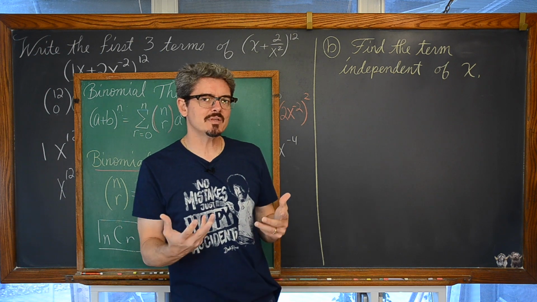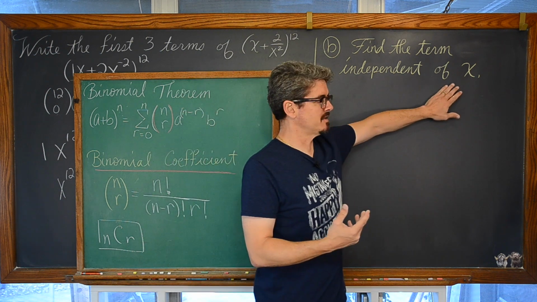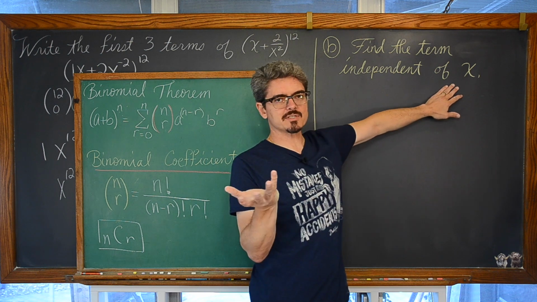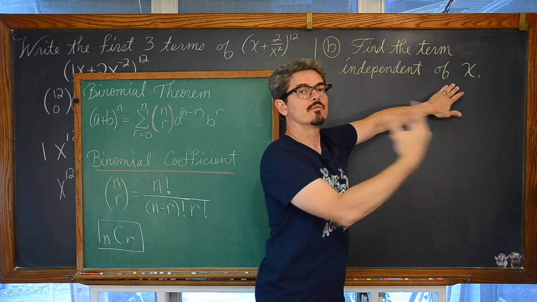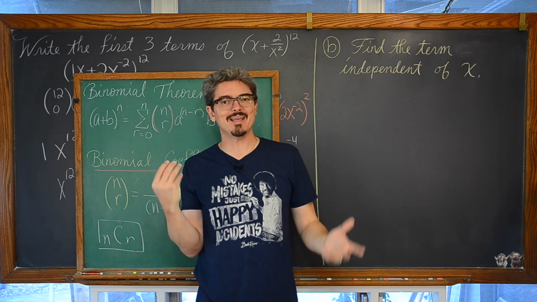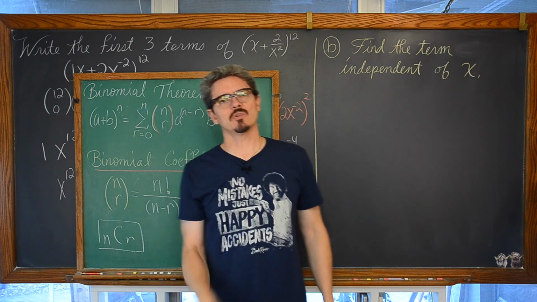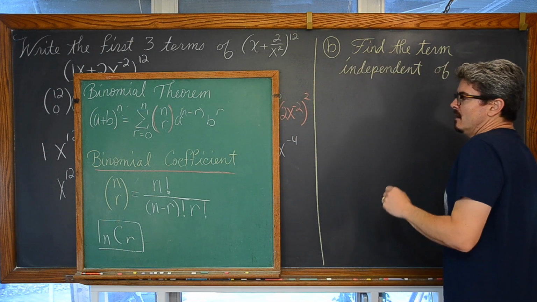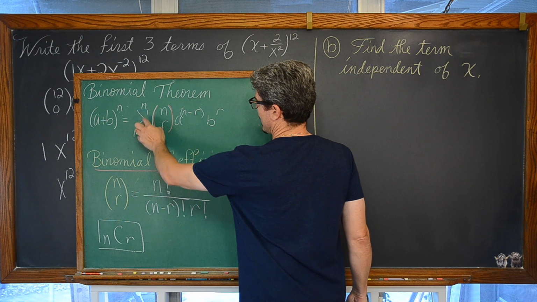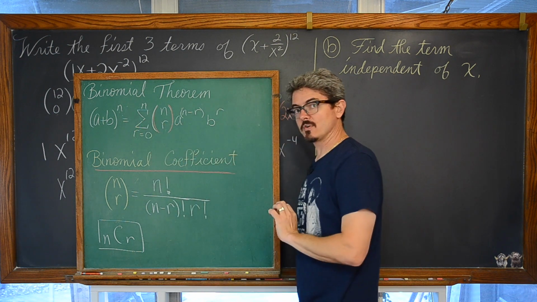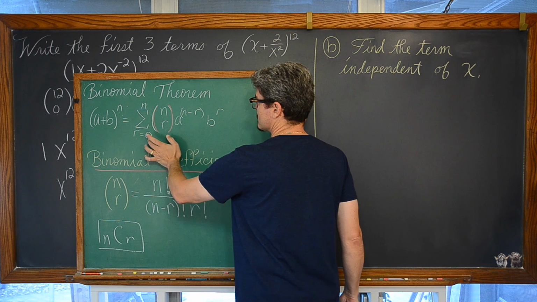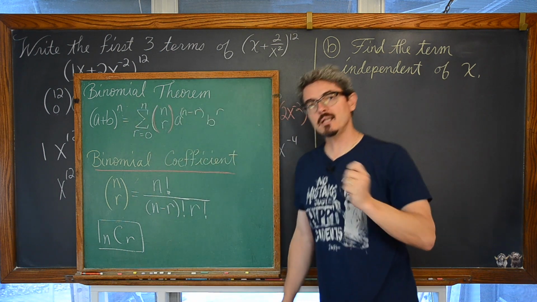Well, a term that is not going to be affected regardless of what you plug in for that independent variable x is not going to change, so that means that term has to be a constant. That term cannot have a variable of x. Okay, so with our binomial theorem, we have the sum of a bunch of terms that we can create by first letting r equal 0, then 1, 2, 3, 4, 5, 6, 7, up to whatever n is.